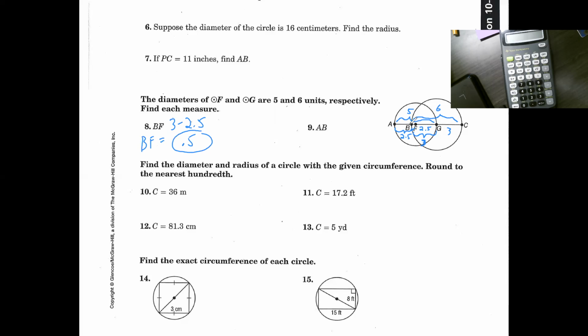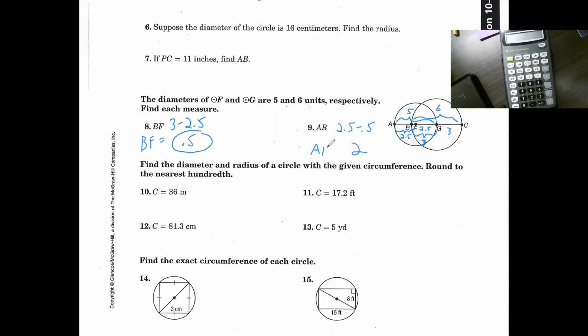AB. Now, AB is this piece. Well, I know that this little piece now is 0.5. So now I'm taking AF, which was 2.5, subtracting off the 0.5, and the answer is 2.